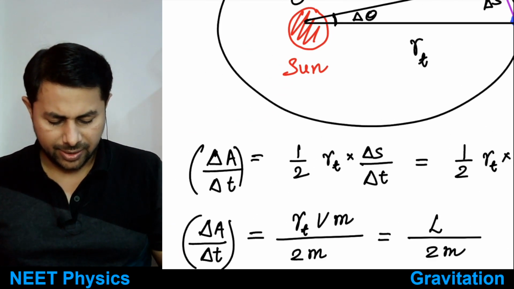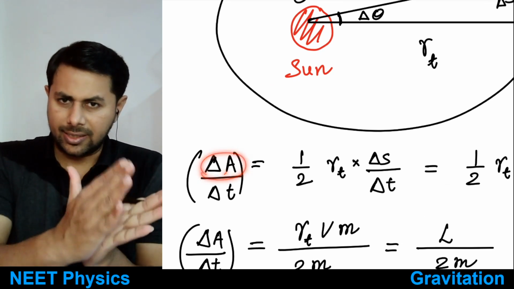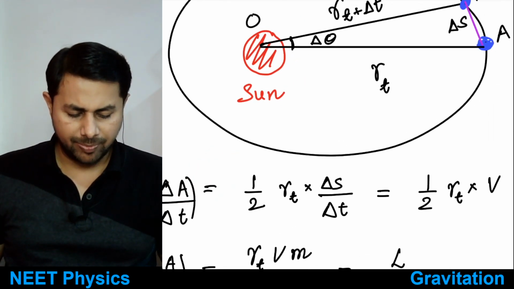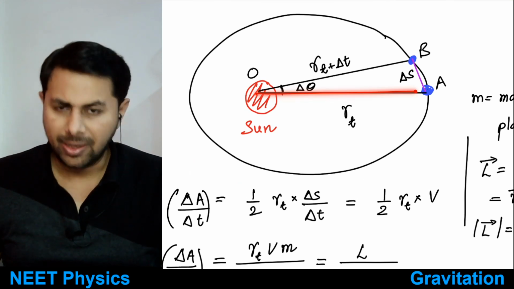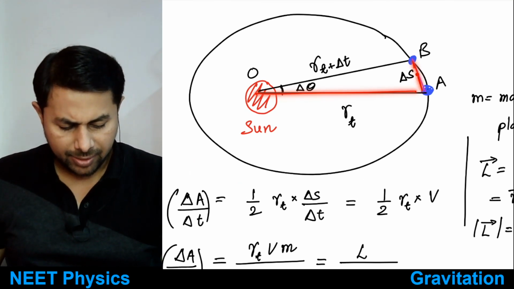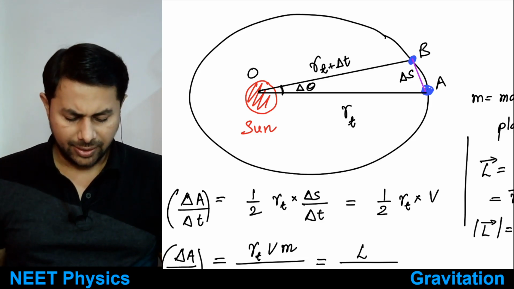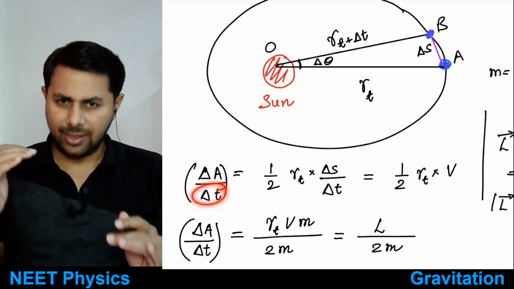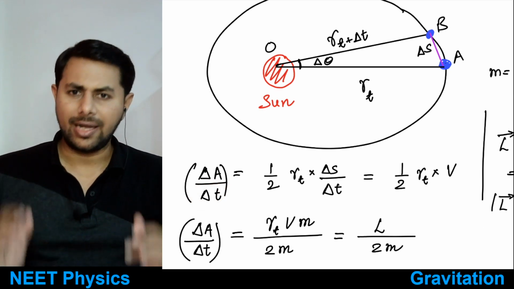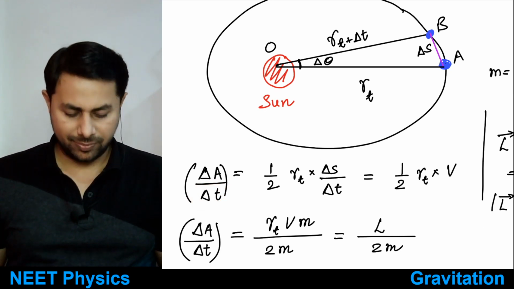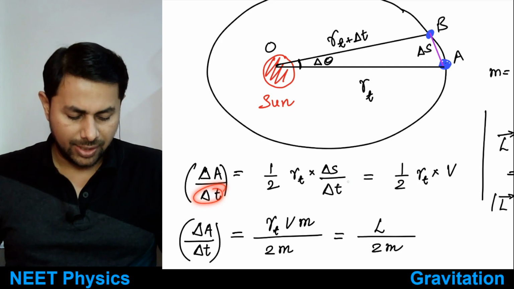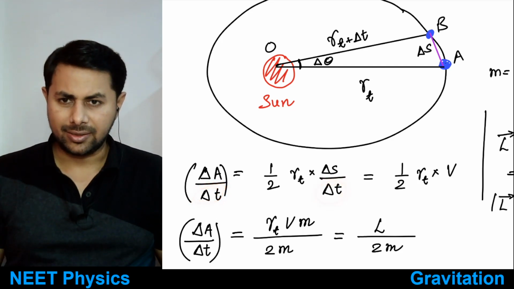So this thing is clear. Delta A means the area covered. It is half of base into height, half of r at time t multiplied by the height, delta s, right? Then we divide the area covered by the time in which that area is covered, delta t.